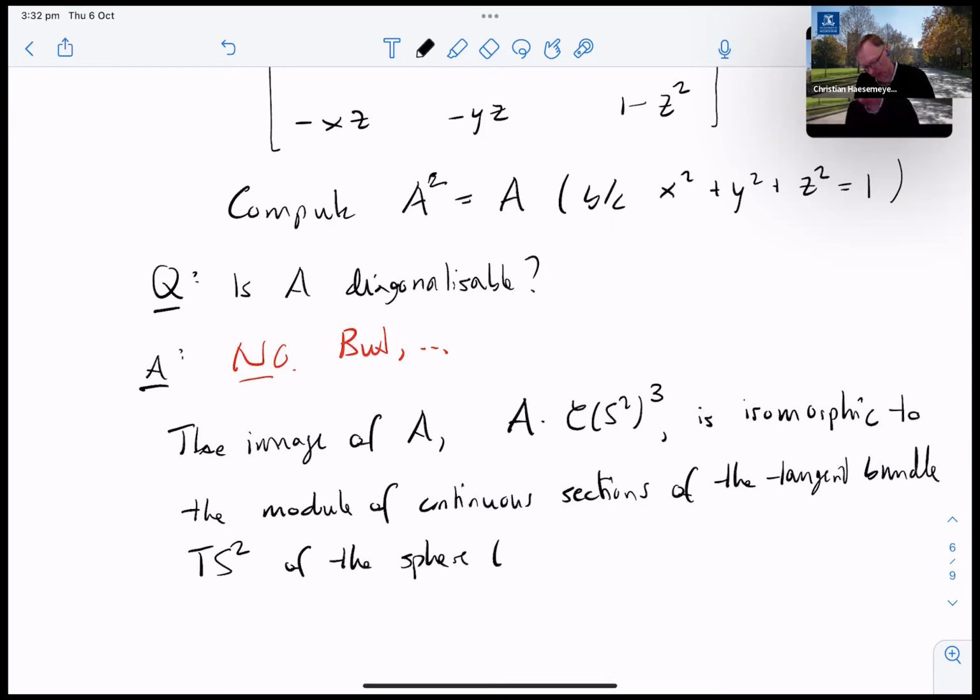So, in other words, the module of continuous vector fields. So it's a bit strange, but fine. Continuous vector fields on the sphere.